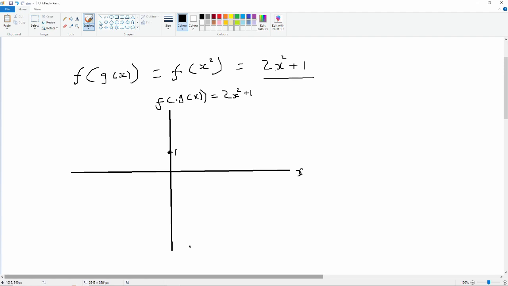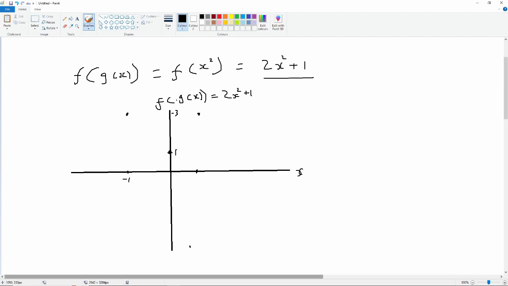If x is negative 1, negative 1 squared is 1, 2 times 1 is 2, and 2 plus 1 is 3. So if x is 1, then we're going to have 3. And if x is negative 1, again we're going to have 3.